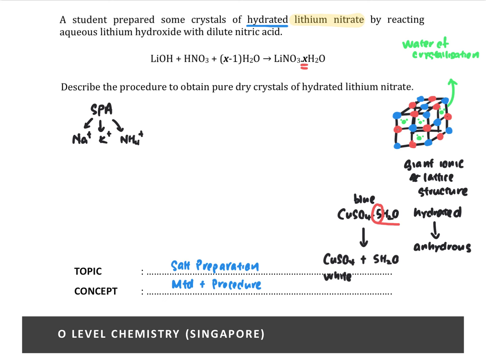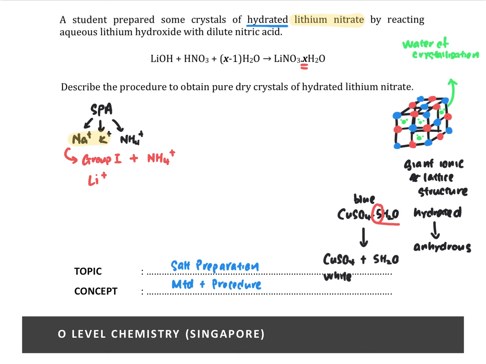However, sodium and potassium actually belong to group 1. So SPA is essentially a short form for group 1 and ammonium. In any context where you have seen SPA, it essentially means group 1 plus ammonium. So what other group 1 metal ions are there?